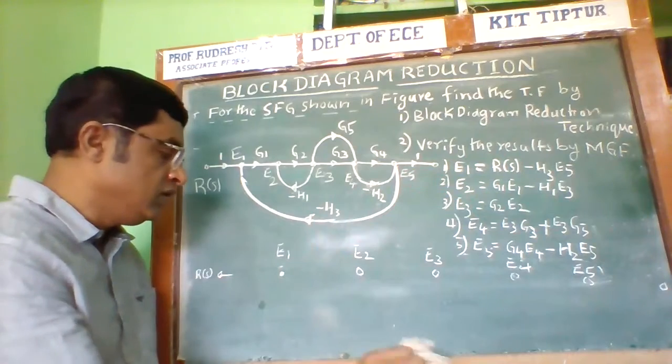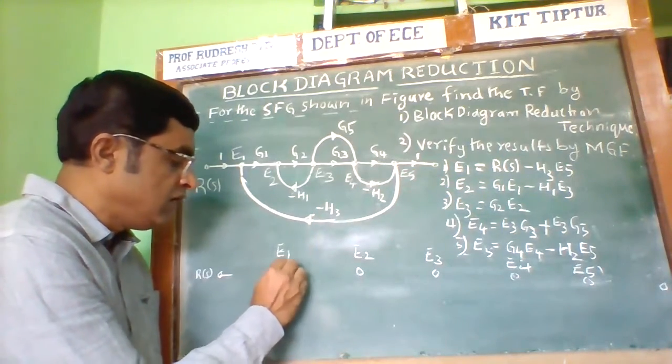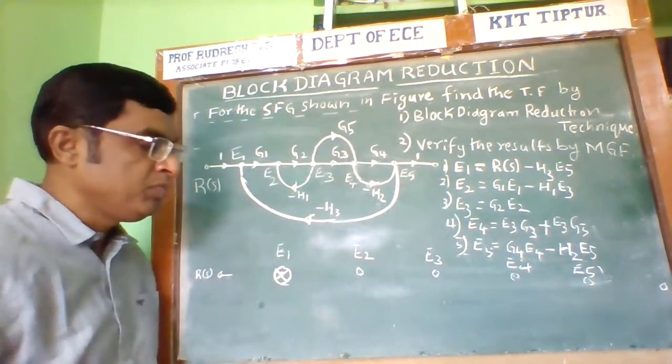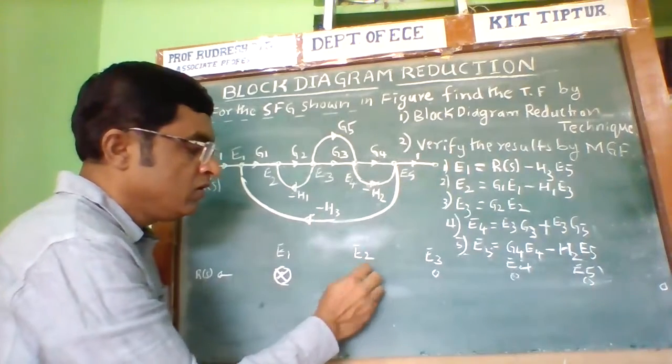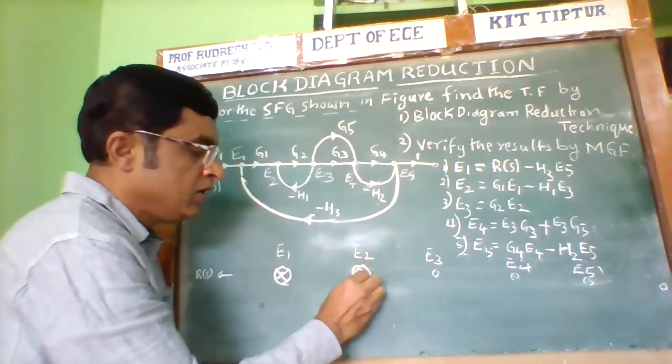So at the E1 node we need to draw the summing point, and similarly at the E2 node also.